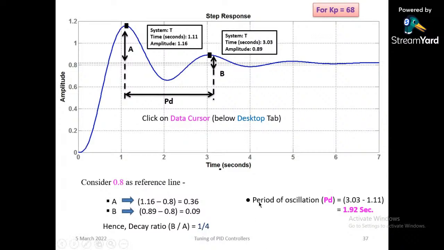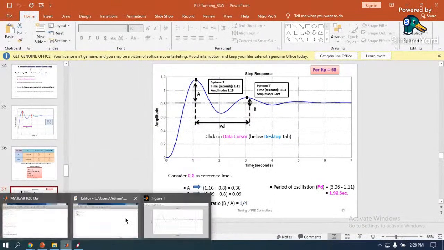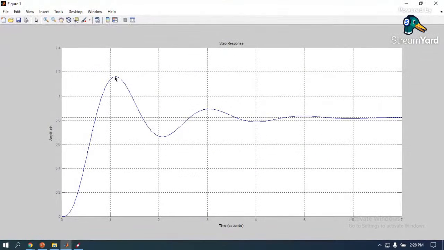right? Now period of oscillation, see, even I'll say you, तर तुम्ही डेटा कर्सर इथे असतो, इथे बेटा take a data cursor and at this point click on this one, data cursor.